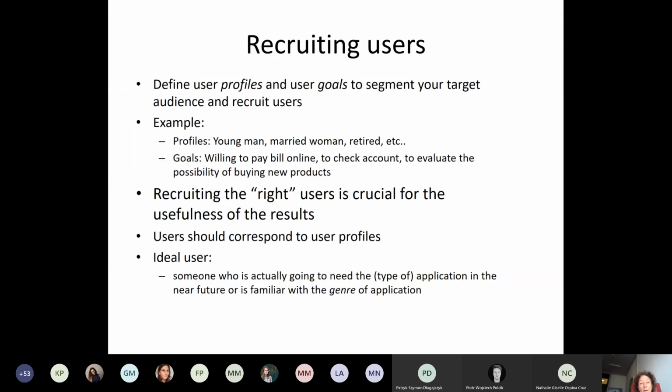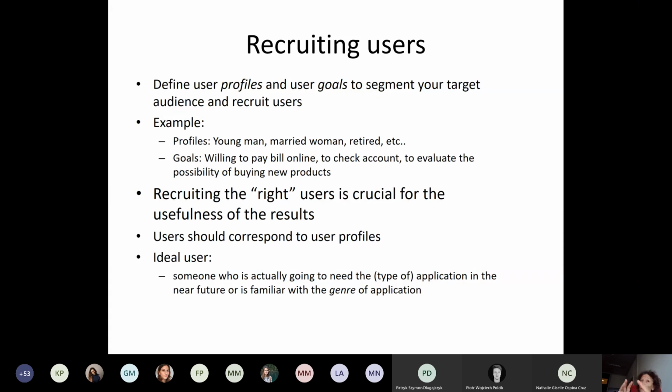For example, I take the example from the Monte Rosa ski website. The goal for the user to go on that website can be to know something about skiing, or the goal could be, I would like to book an accommodation in this area.